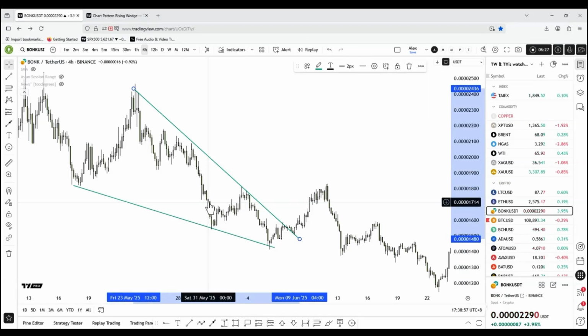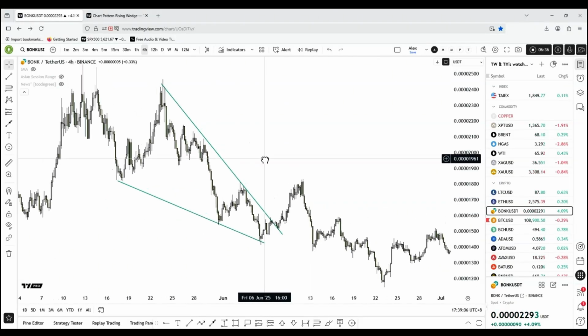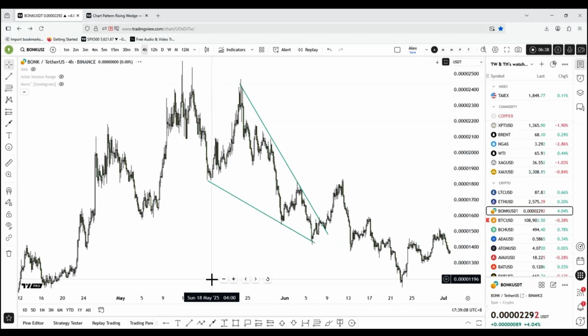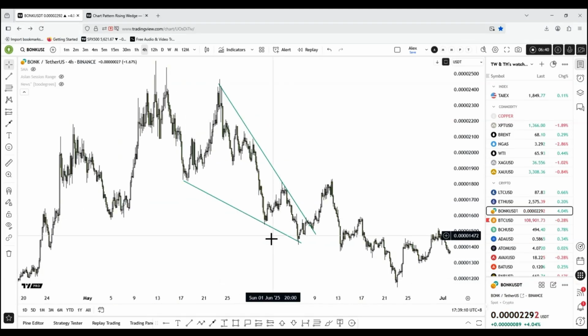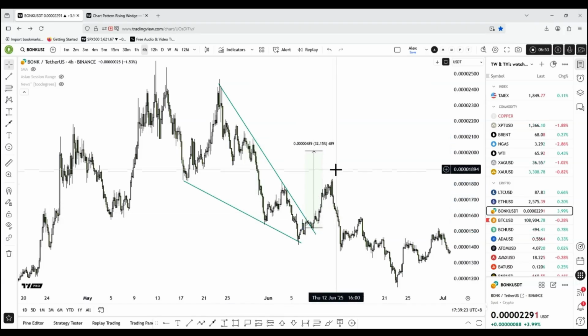But you can see here, this one, we pushed slightly above it and then turned a little bit weaker and then pushed above again and then down and then up again. But in no way did we get a massive move. I think even if you measured the midpoint of this pattern, which I always like to measure the midpoint of patterns because that gives you a less aggressive target, we didn't come close to hitting even the midpoint.